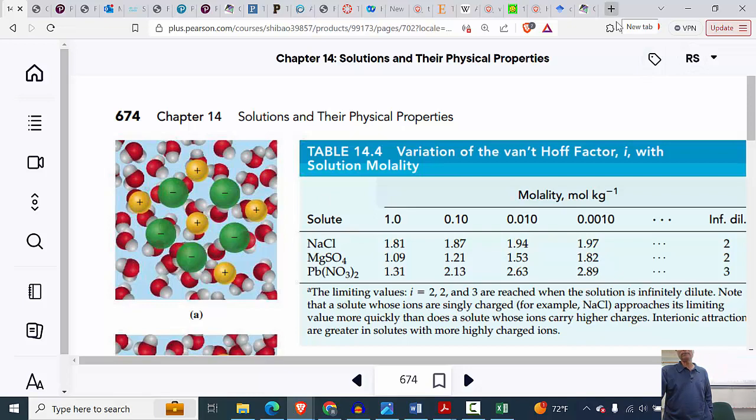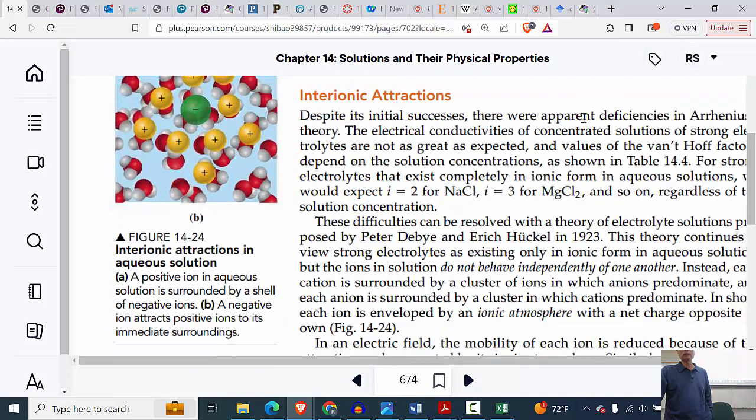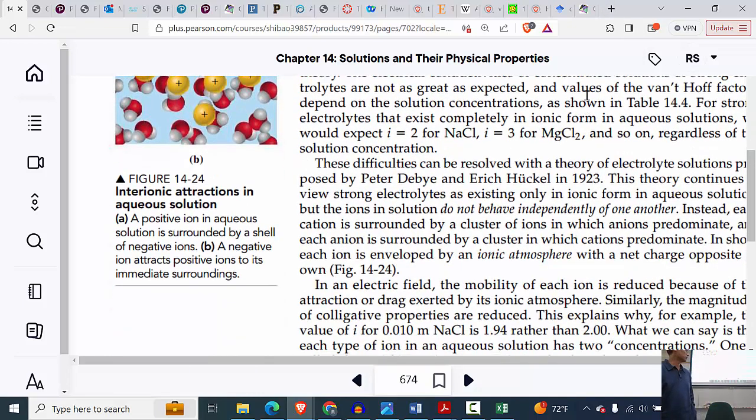But even when the concentration is low, there's still potential error there because of that.